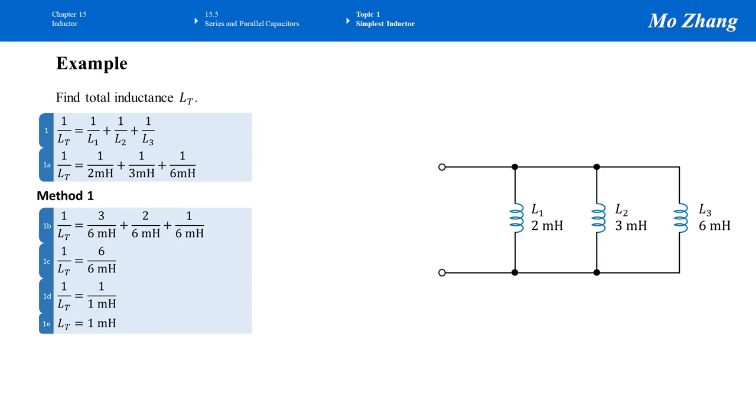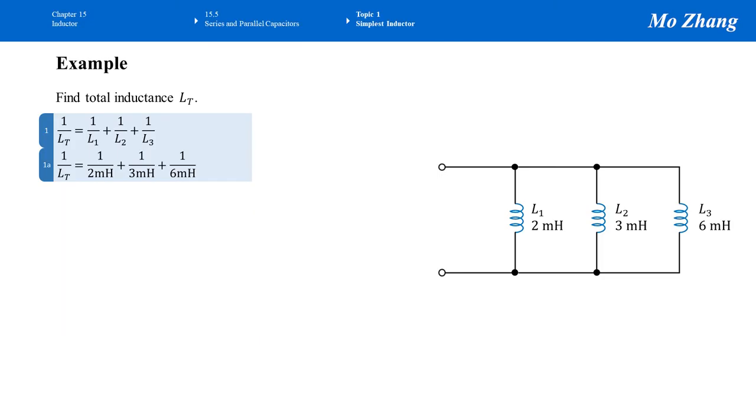The second method is my preferred method for solving this kind of question. To me, it's easier, but for anyone who just started learning this, it might be a little bit confusing at the beginning, especially the unit part. But let me show it to you, and you decide which method to use. We go back to step 1A, continue from there and use the second method.